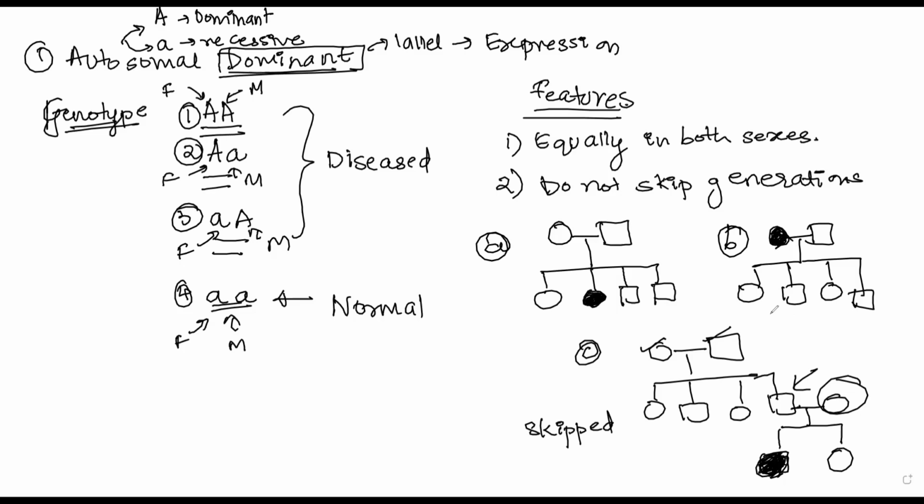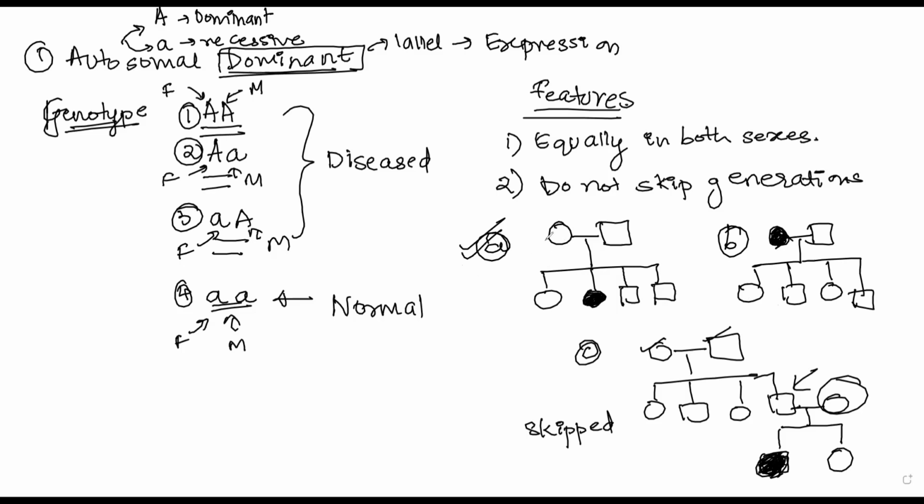So this is called skipping of generation. Now, whenever we talk about dominant, skipping of generation is not a property. In dominant, if the parents are affected, definitely one child should be affected. So here, this is the most accurate example of skipping generation. Why?